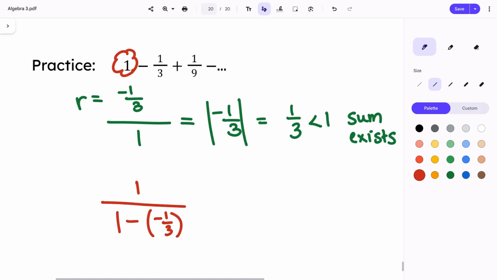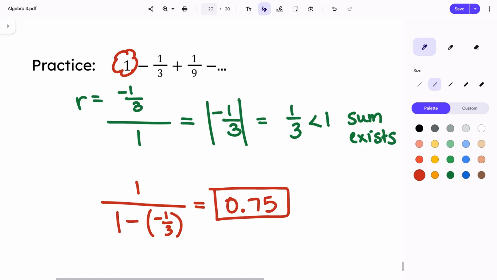That's where that came from. That's A1. And what do you get when you do this? .75.